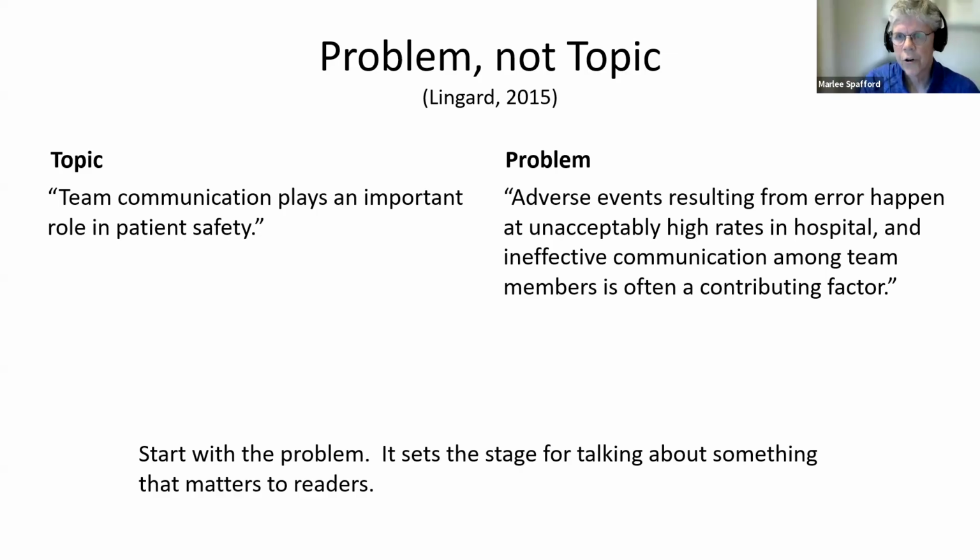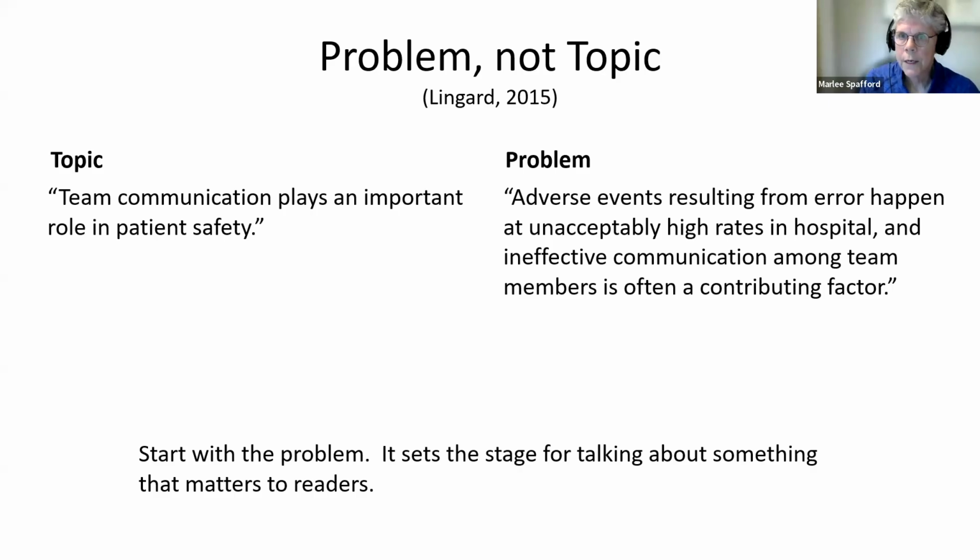Imagine that the article started with: team communication plays an important role in patient safety. Well, we have some idea of where this article is going to head in a general sense. Sounds like patient safety and team communication are important, but it could go in a lot of different directions. And we haven't really problematized the issue. We've just said it matters to have team communication for patient safety.